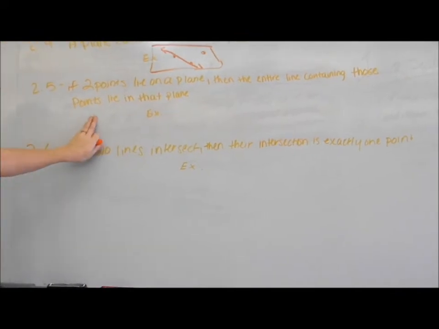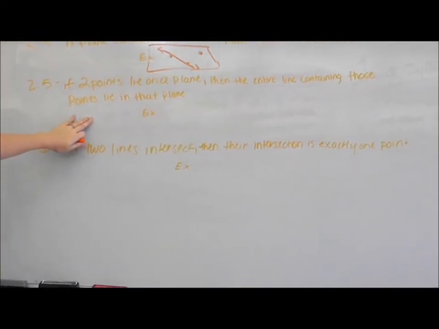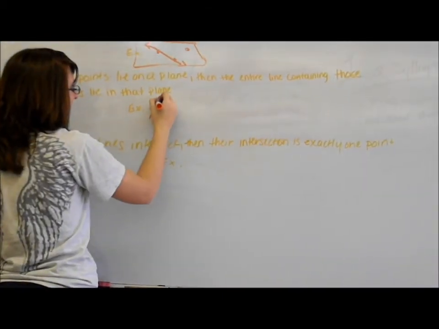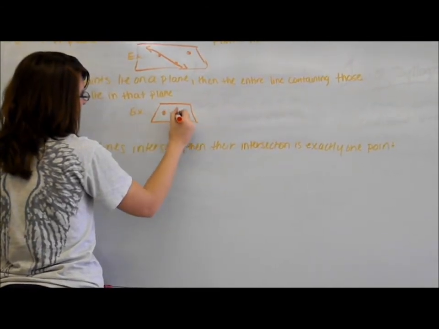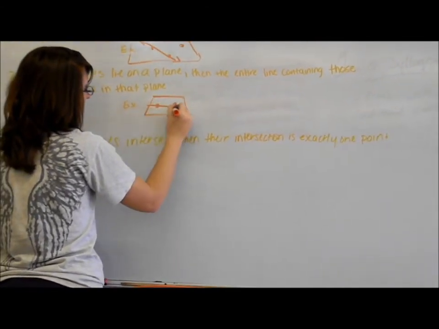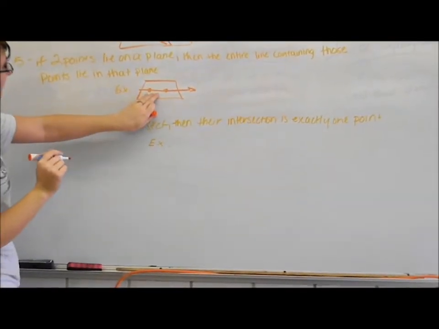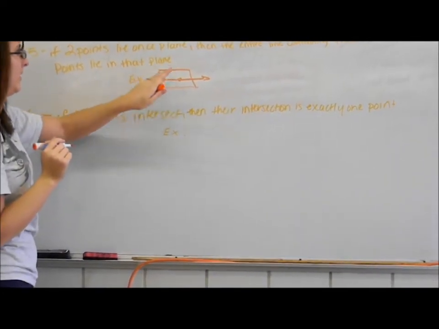And then 2.5 says if 2 points lie on a plane, then the entire line containing those points lies in that plane. So we have a plane, and there's 2 points here, but the line goes out of it. No matter what, the line is still in the whole plane because the 2 points are on it.